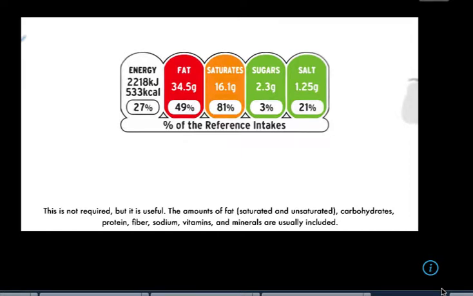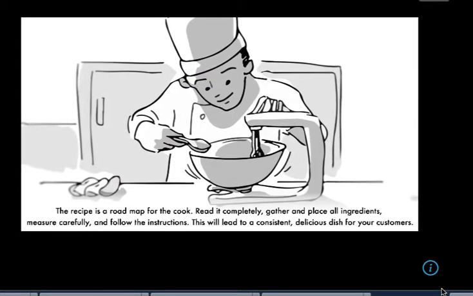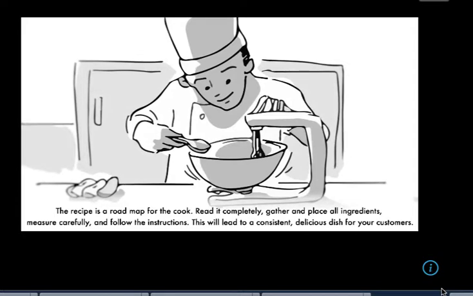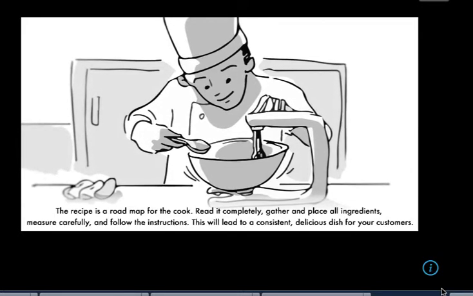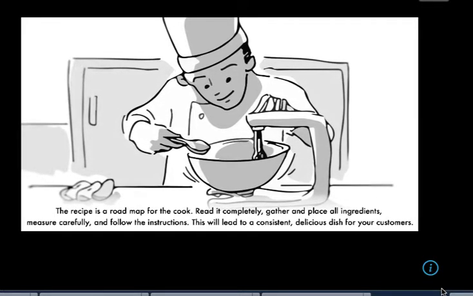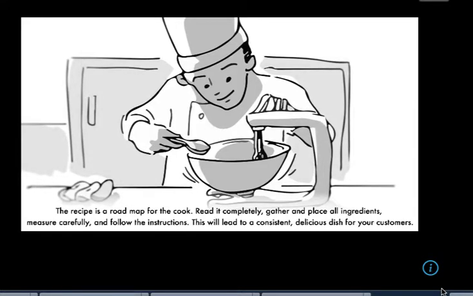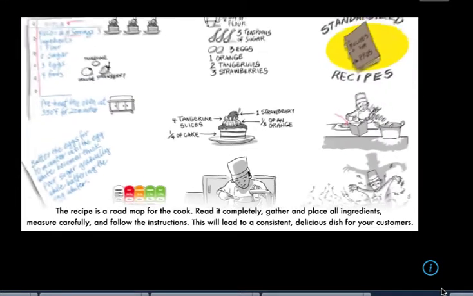The amounts of fat, saturated and unsaturated, carbohydrates, protein, fiber, sodium, vitamins, and minerals are usually included. The recipe is a roadmap for the cook. Read it completely, gather and place all ingredients, measure carefully, and follow the instructions. This will lead to a consistent, delicious dish for your customers.